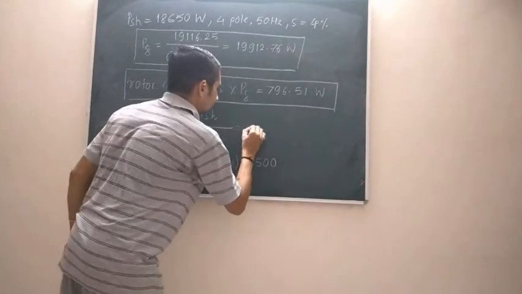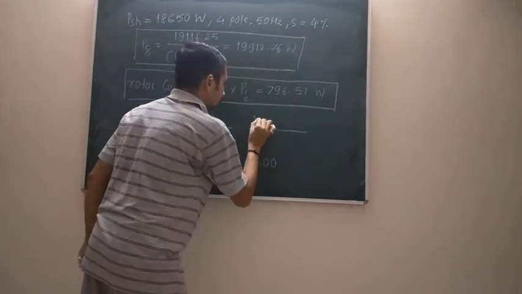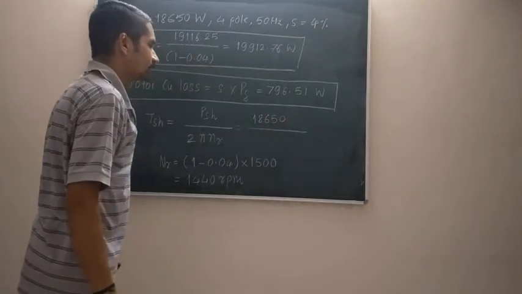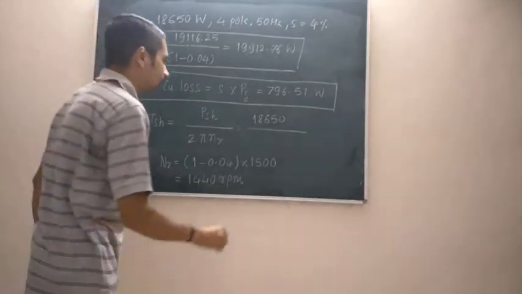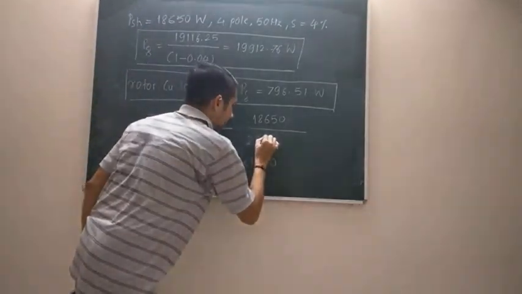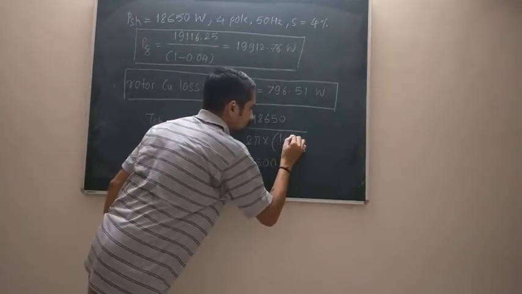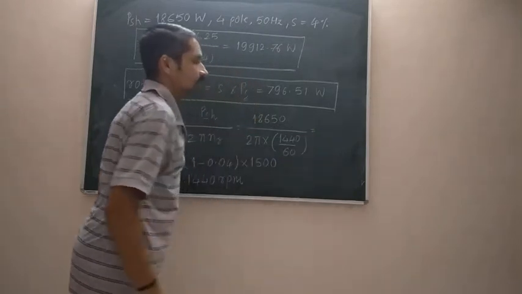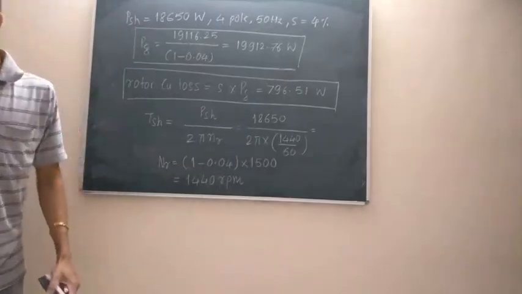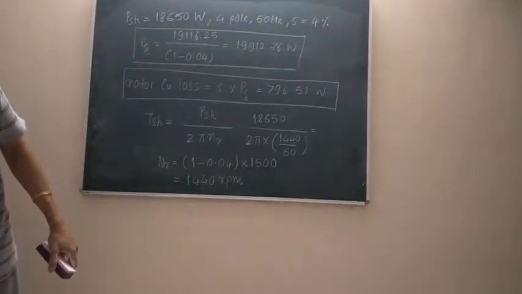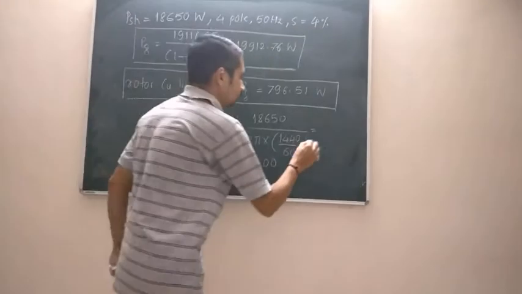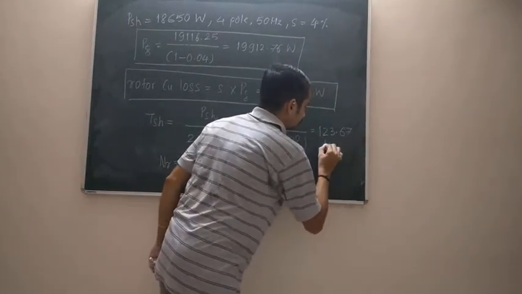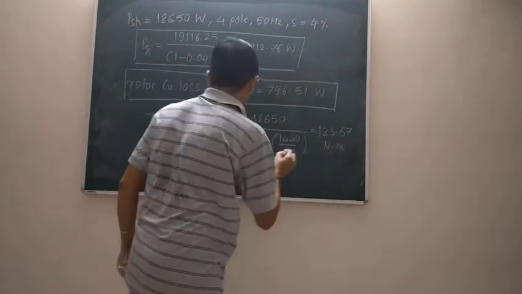And then I can calculate my shaft torque as PSH, that is 18,650 divided by 2 pi into rotor speed in RPS, that is 1440 upon 60. So the answer comes out to be 123.67 Newton meter.